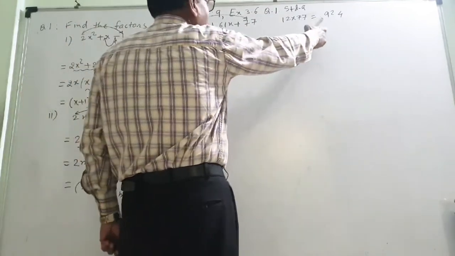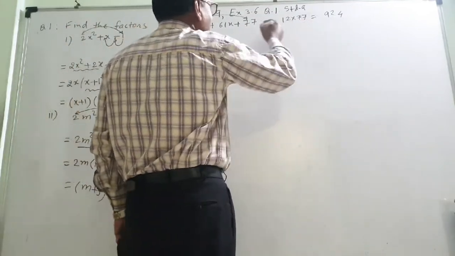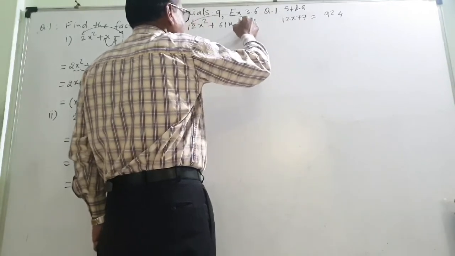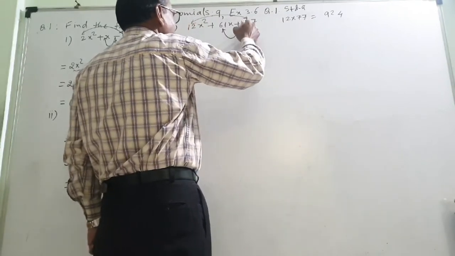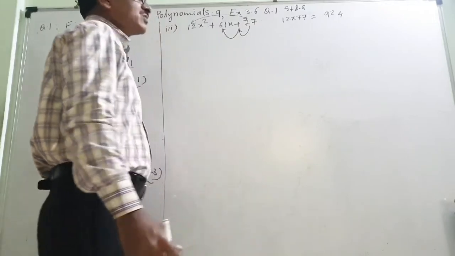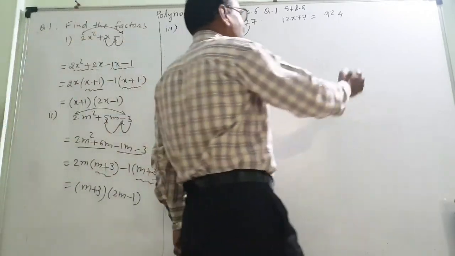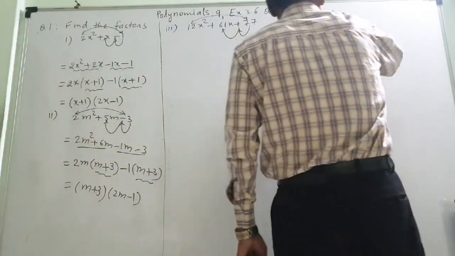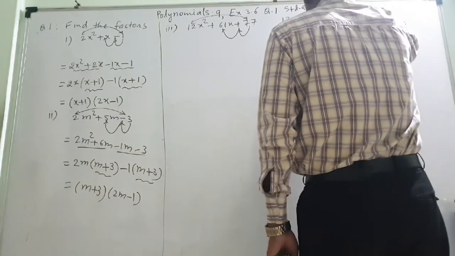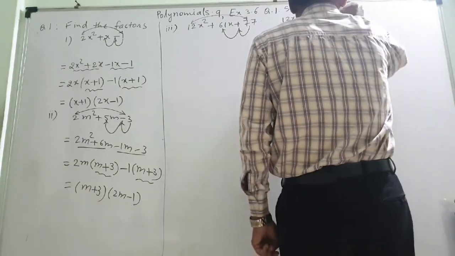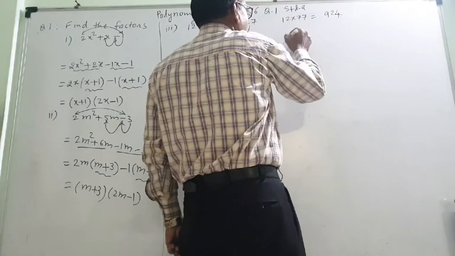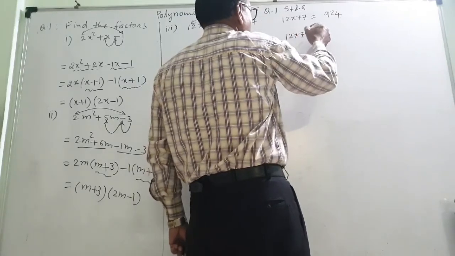Find the factors of 924 such that their addition is plus 61. I have to find the factors of this. Instead of writing 924, I will just simply take this as 12 into 77.